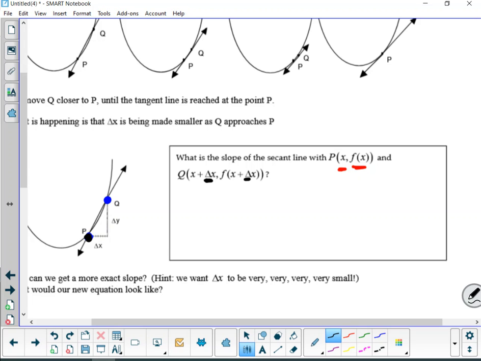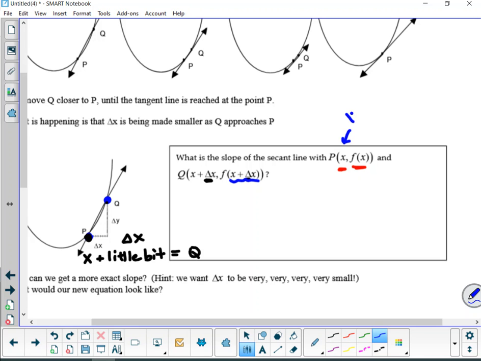The x from point P plus a little bit gives me the x for point Q. That delta x is going to represent a small amount. So we have an x at point P, and the x at point Q, which is the x from point P plus a little bit, which then makes the y on point Q f of the x from point Q.